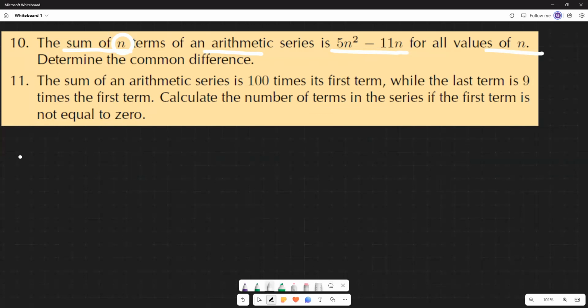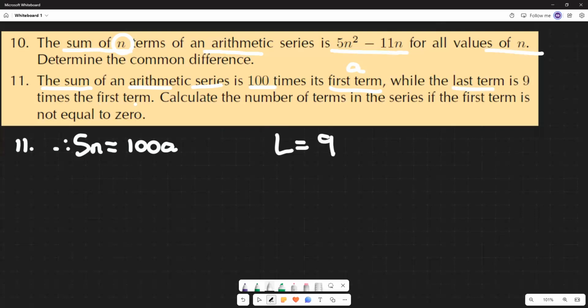Okay, so on 11, they say the sum of an arithmetic series is 100 times its first term, a. So they say basically the sum, Sn, of an arithmetic sequence is 100a, because they say 100 times a, the first term, while the last term is 9 times the first term.